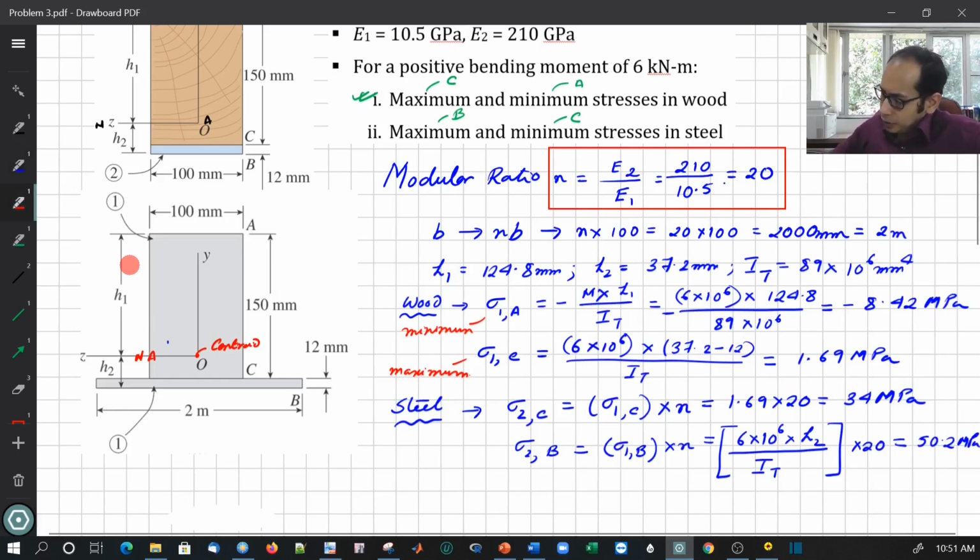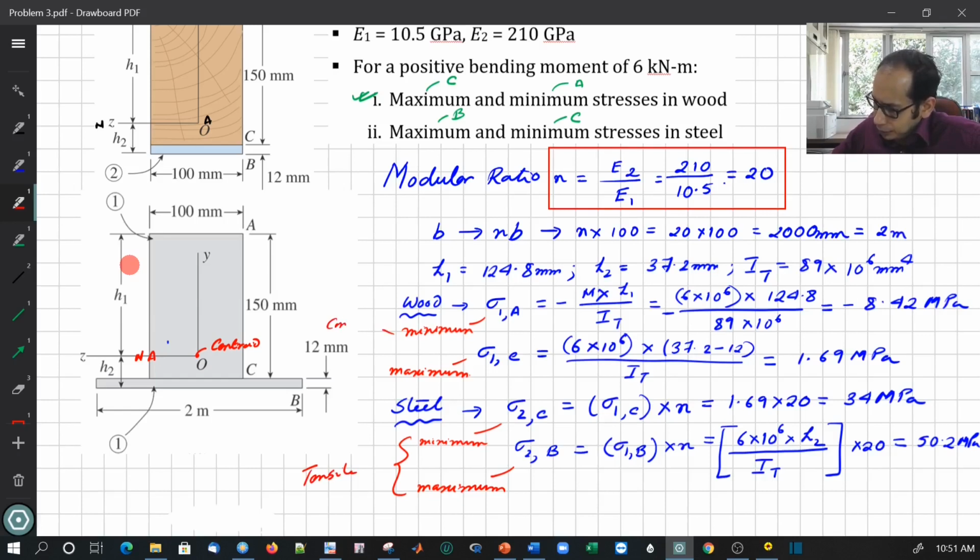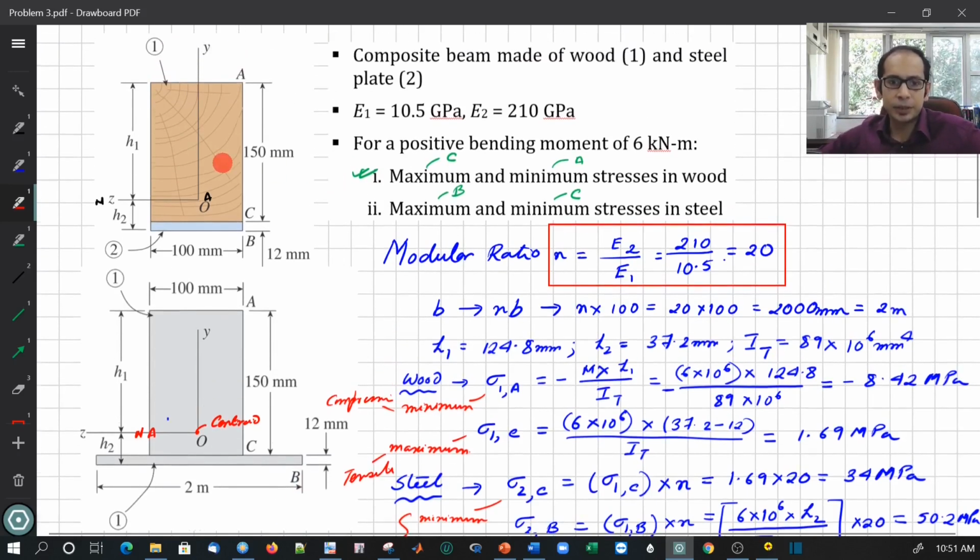So here for the steel, this is the minimum and this is the maximum. Now remember that for steel both are tensile, so good to make a note. Whereas for the wood, this is compressive and this is tensile.